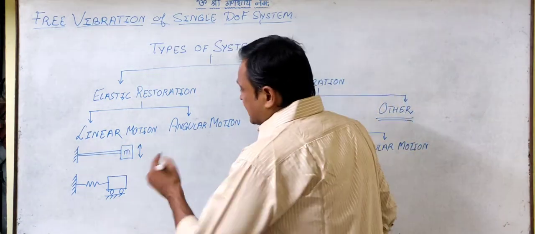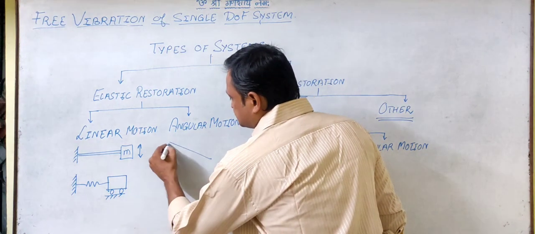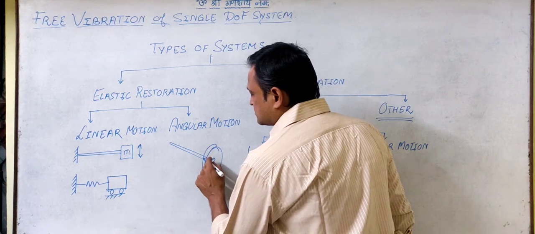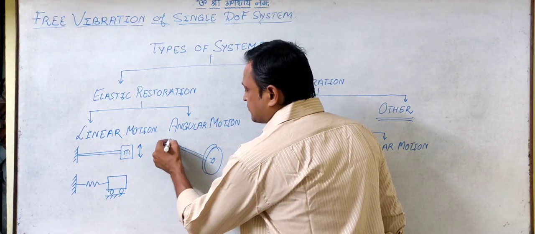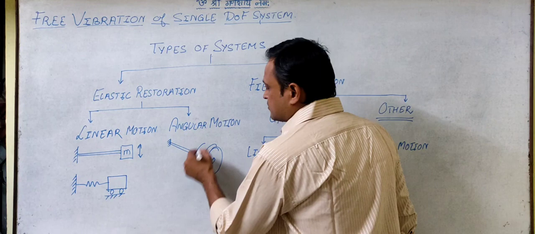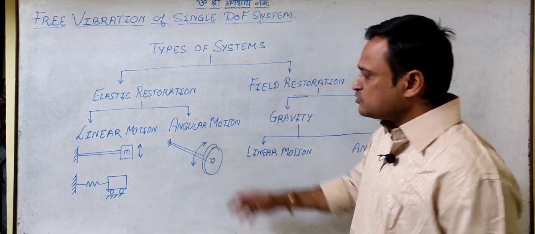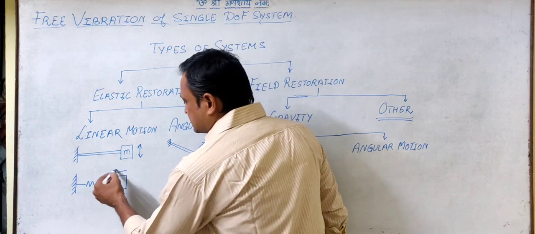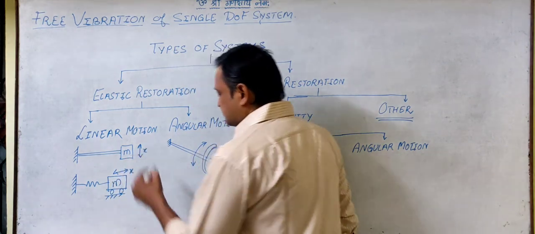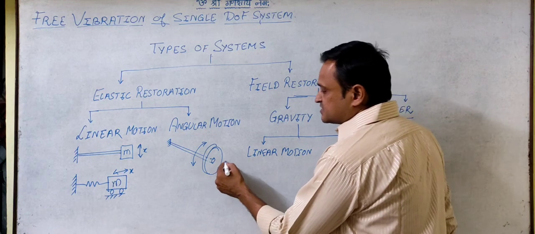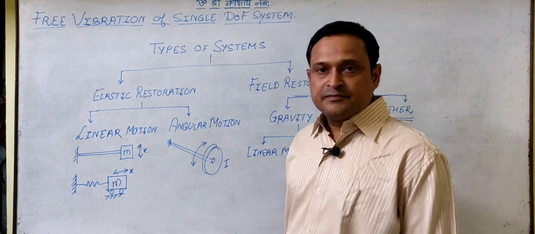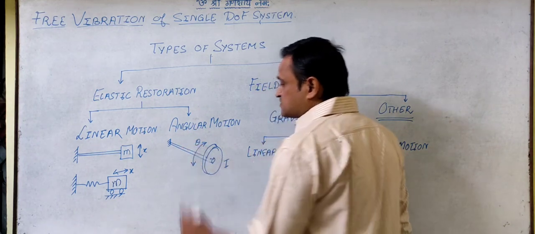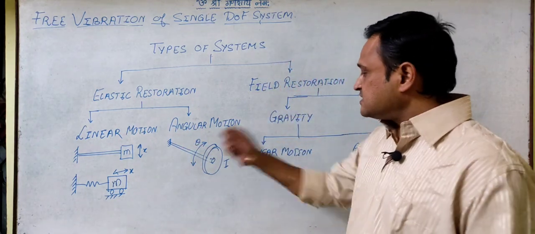And in angular, it can be a disc which is getting twisted about the axis. Here it is mass and the displacement is linear, and here it will be the mass moment of inertia of the system and the displacement is angular, theta.